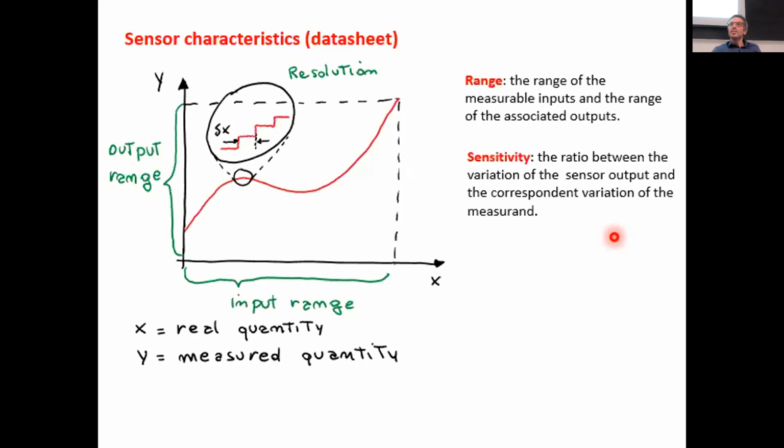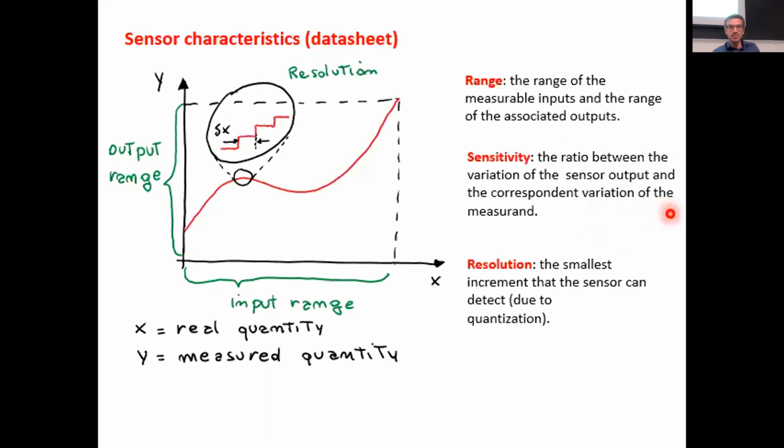No, it's more sensitive, the one that creates 1 volt output for 10 Newton, because it's able to sense a smaller force, providing a bigger output voltage for a smaller range of force. Because it's a ratio between the output variation and the input variation. So if you have a smaller input variation and the same output variation, sensitivity is higher.